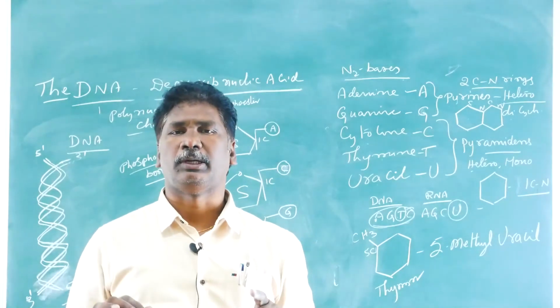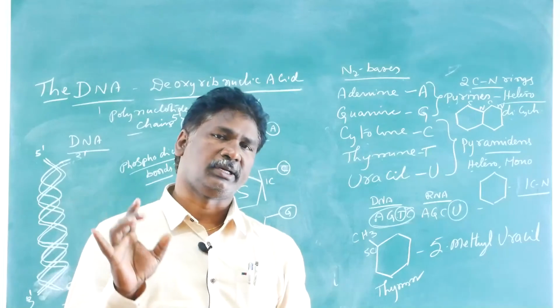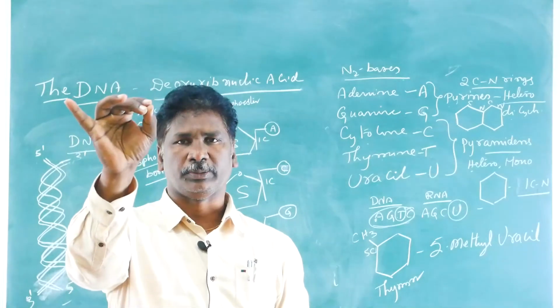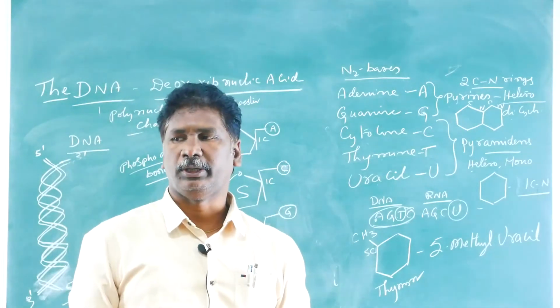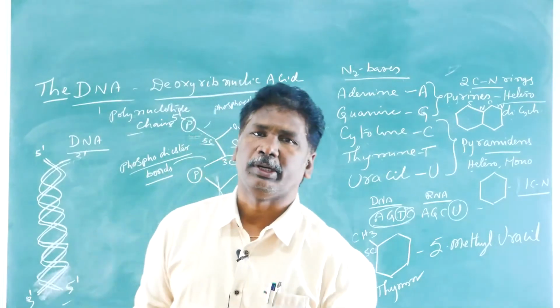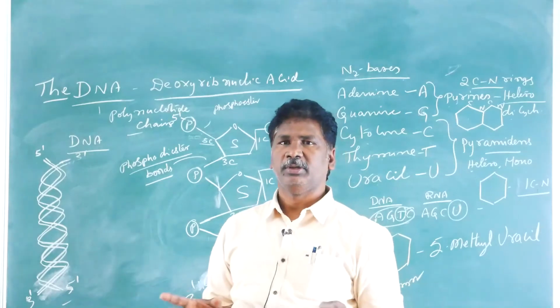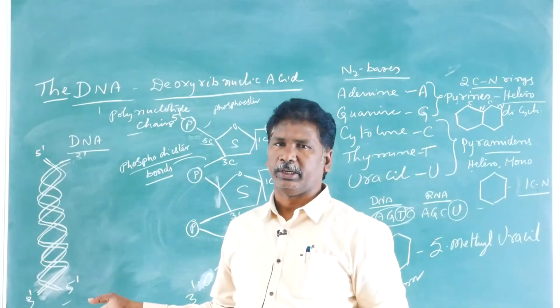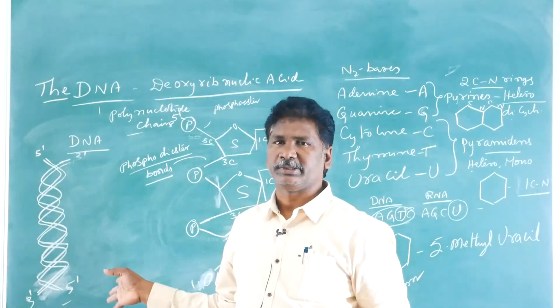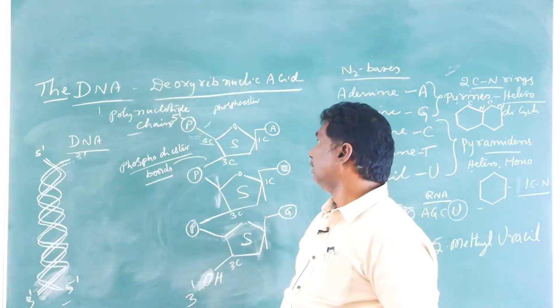What is the 5' end? The phosphate is always attached to the fifth carbon atom of the sugar. What is the meaning of the 3' end? The OH is always free on the third carbon atom. That's why it is called the 3' end.